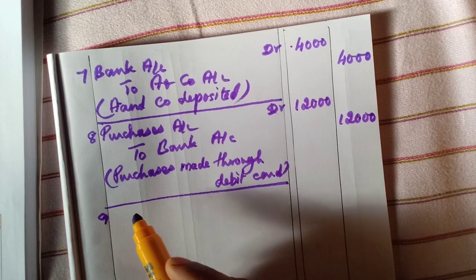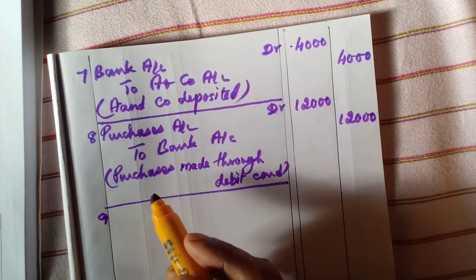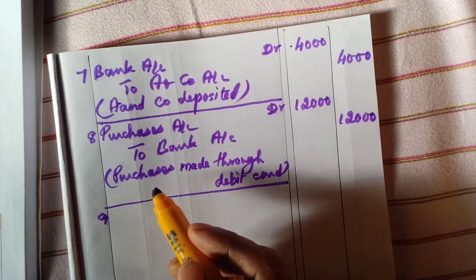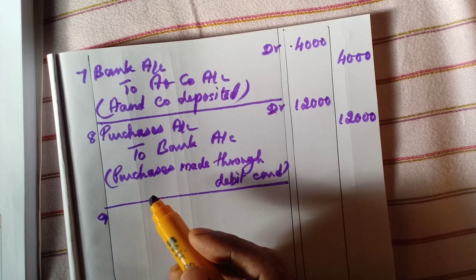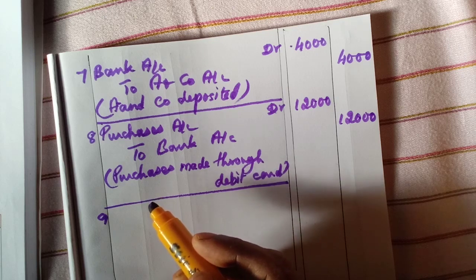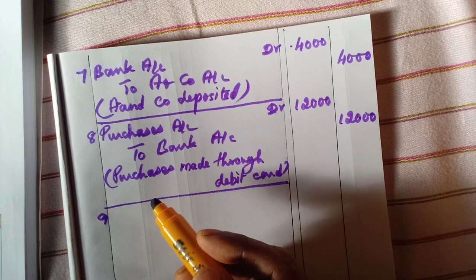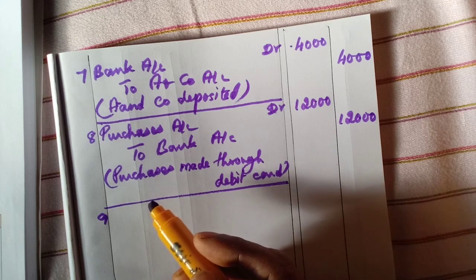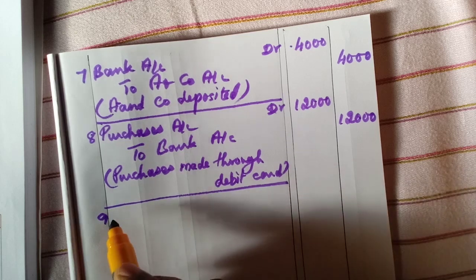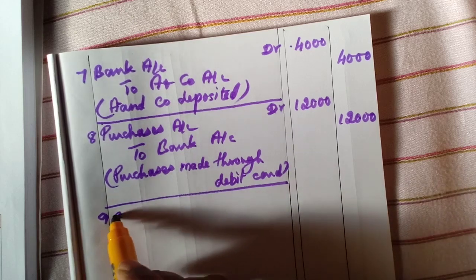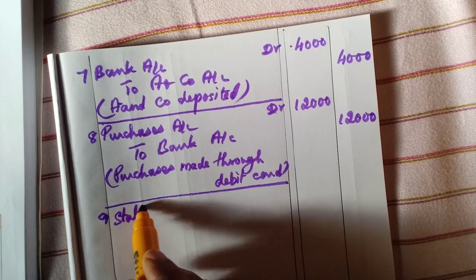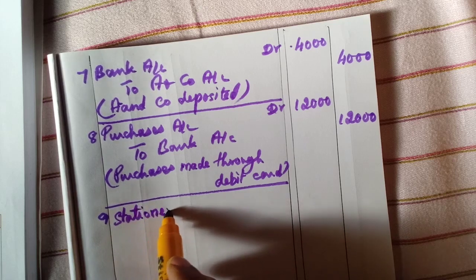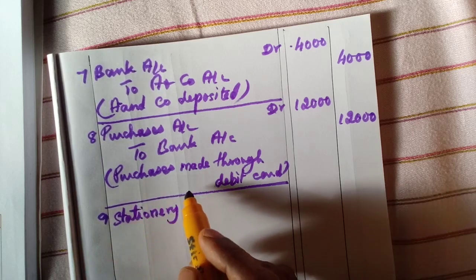9. Stationery purchased and paid through net banking. Here it is an expense, stationery, so we will debit it. Then who is the payer? We are not paying by cash, the bank is paying. So that giver is the bank. Okay, so stationery account, the expense name we have to write stationery. We know what is stationery: pen, pencil, notebooks, everything for the office writing.